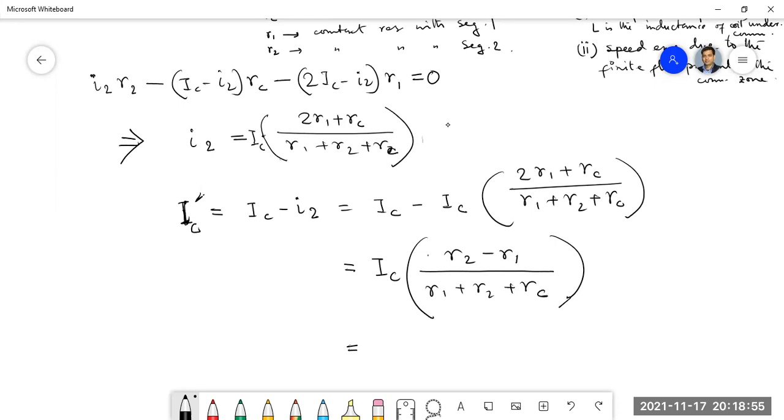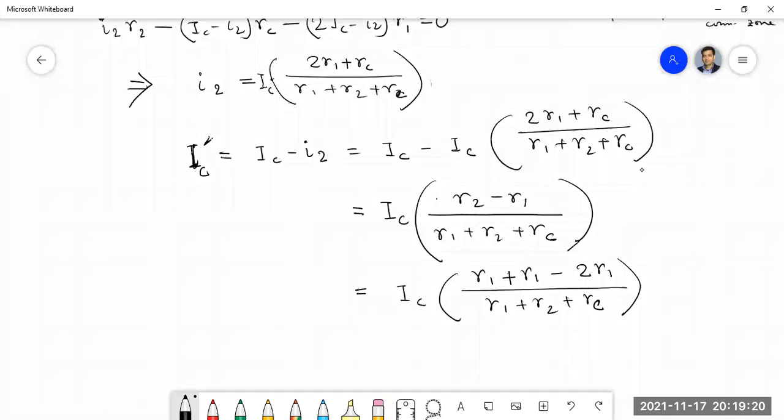Got it. So we can write this in a slightly different way, similar in numerator and denominator: R1 plus R2 minus 2R1, and here R1 plus R2 plus RC.